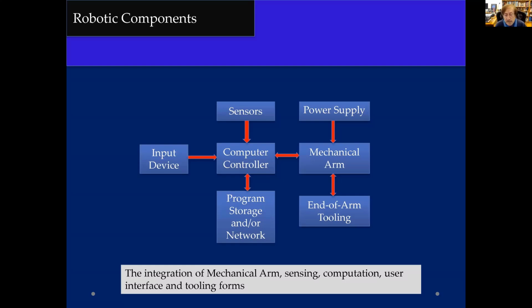This may be to help the robot, to guide the robot, or to stop the robot from something dangerous. So this input device sends some commands to the robot, and these commands are directly input into the computer and controller.